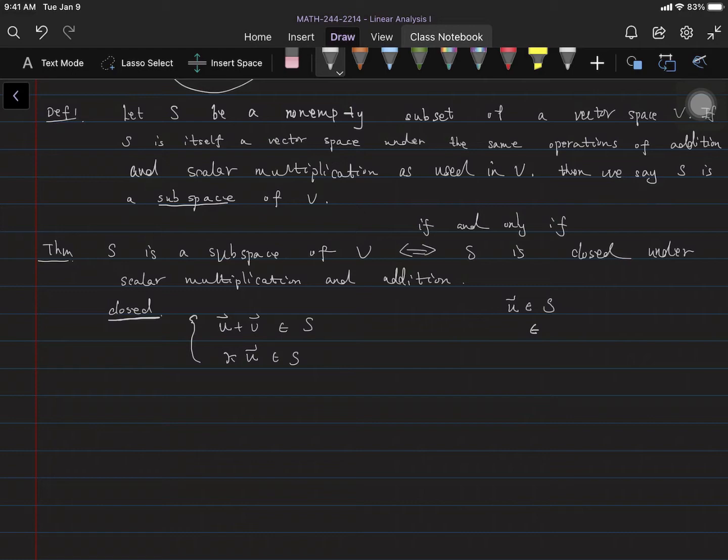We can take a look at this one. Let's see. We have S, which is given by all the vectors (x1, x2), and definitely we know this vector is in R2, right? And x1 is greater than 0.